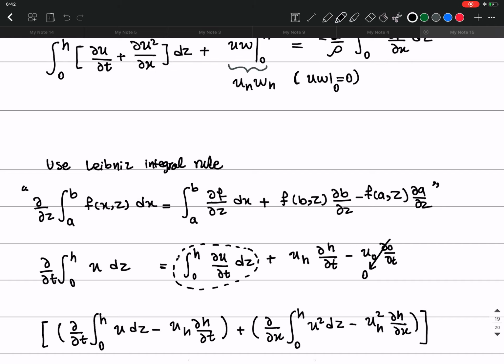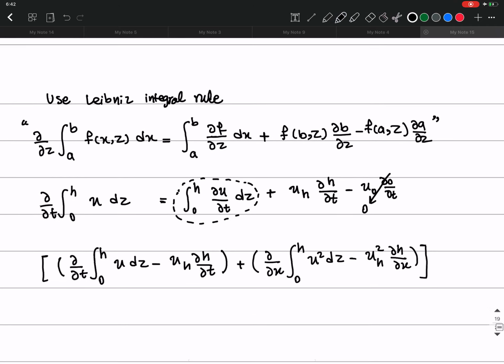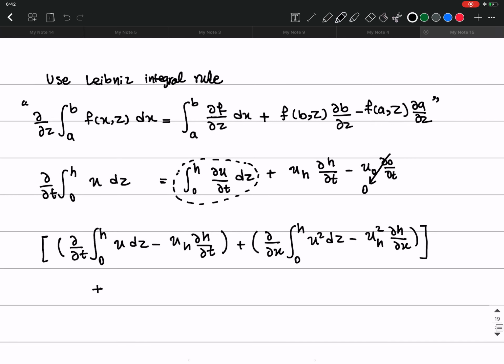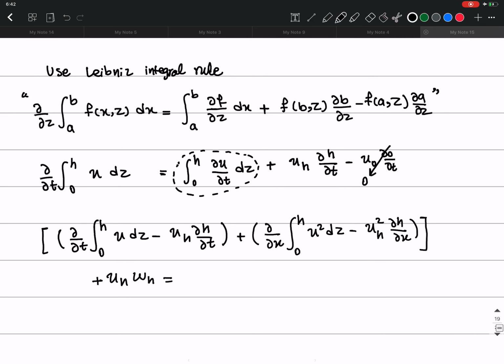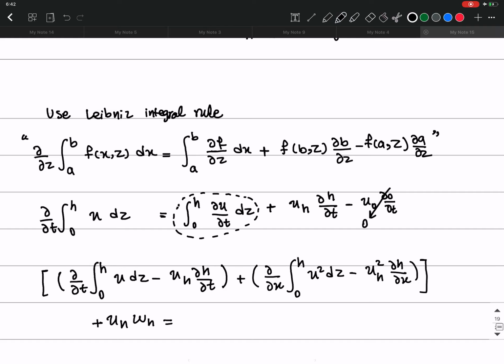And these are just going to be the first two terms. And then we have plus u_h w_h equals to minus 1 over rho, the integral from 0 to h partial p over partial x dz.